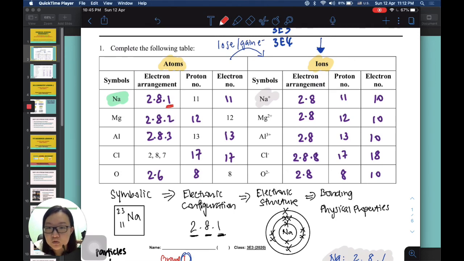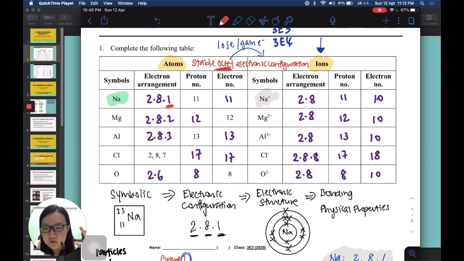So for instance, sodium has 1 valence electron. It doesn't like that. It wants to be like the noble gases by achieving the stable octet electronic configuration. Stable octet or duplet, but most of the time it is octet. Duplet usually is lithium, as well as hydrogen wanting to be like helium.